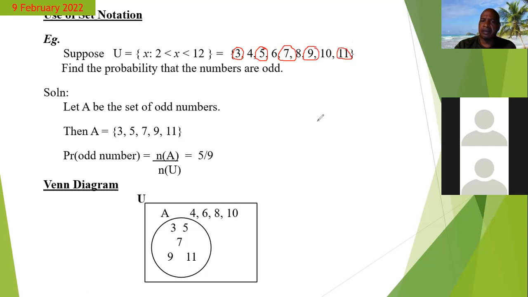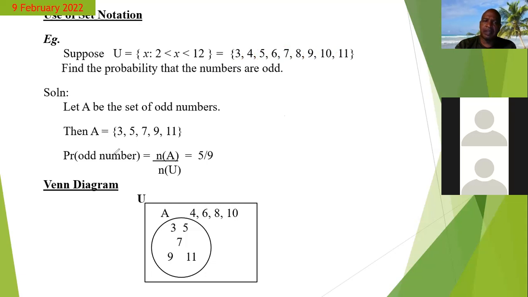Those are all the odd numbers. So the set A would give you all the odd numbers, and if we count them, we have 5 odd numbers.